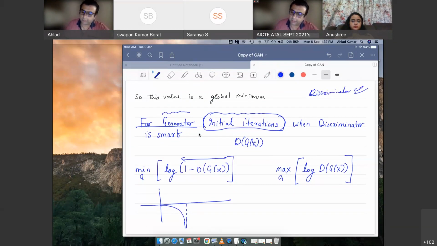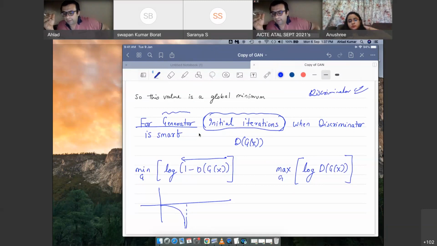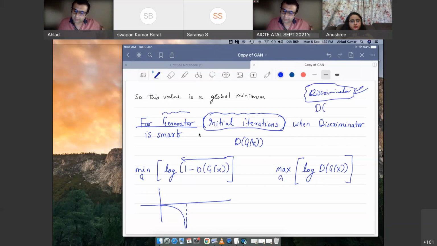The discriminator is trained properly, because if you recall, we trained the discriminator first and we kept the generator as such. So in that situation our discriminator was very smart. So whenever you feed a generated sample G of z into this discriminator, it will immediately reject it and say, oh, this is actually a fake, let us put it as 0. If that happens, there will be very little learning happening for the generator, because whenever the generator tries to come up with a sample, the discriminator immediately rejects it.